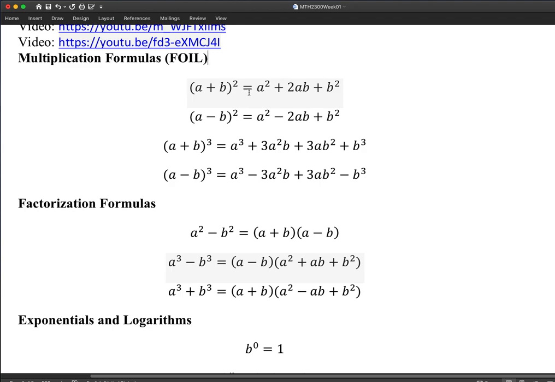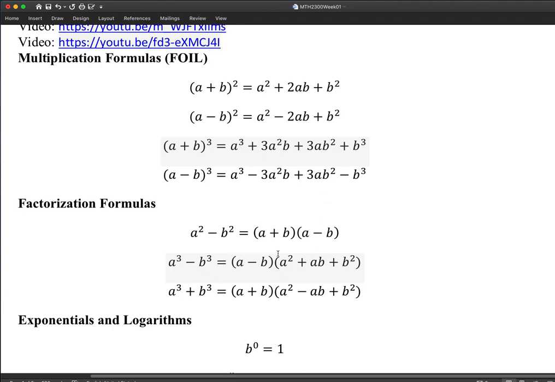You need to know all those formulas very well. The multiplication formulas are mostly based on the FOIL rule. For power 3, it is really the product of three of the same things. You need to multiply them out one by one, term by term, then arrange the terms, and you get the formula.